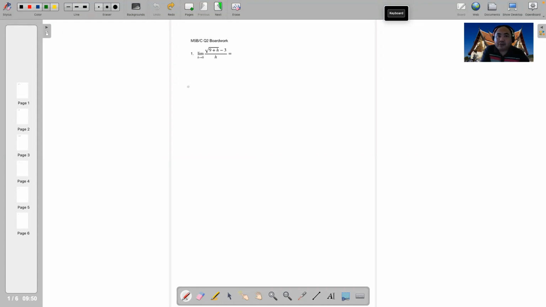So we have our first problem. We want to find the limit of the square root of 9 plus h, minus 3, divided by h as h approaches 0.